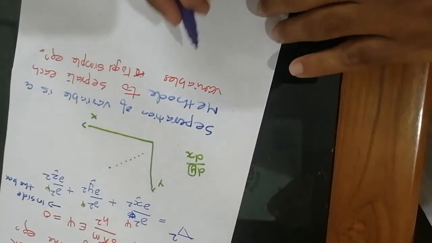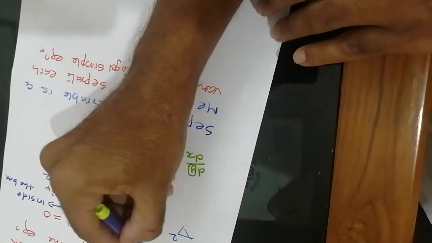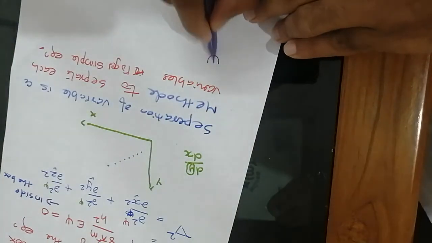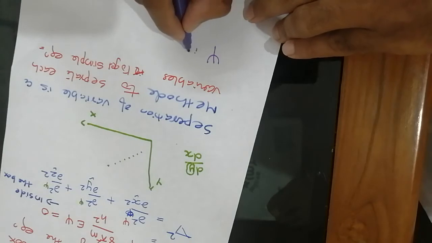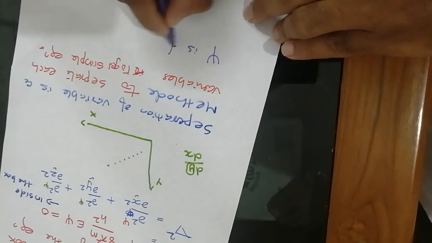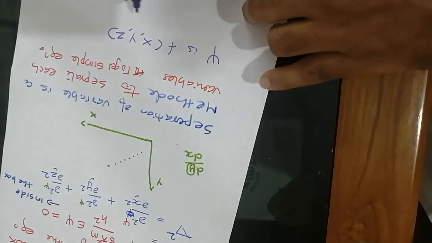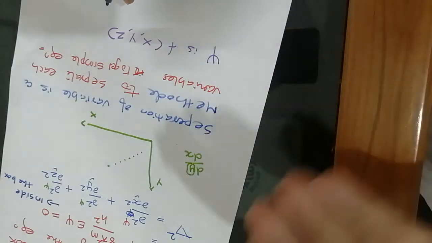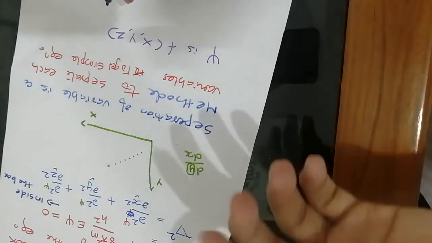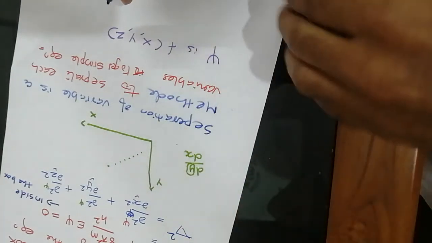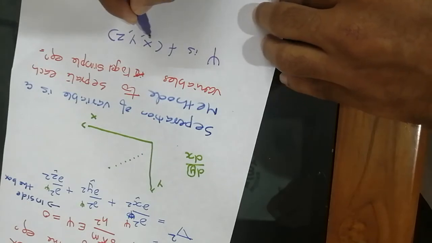We are assuming psi is a function of x, y and z. Psi has three components: x component, y component and z component. What is this X here?